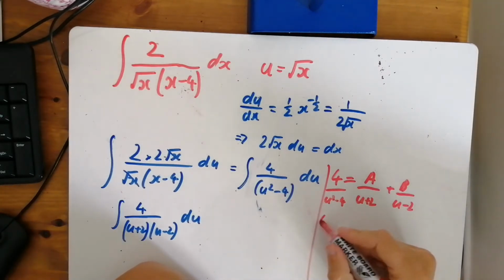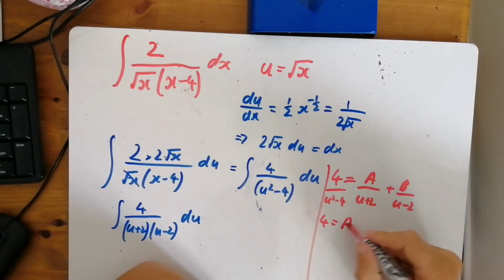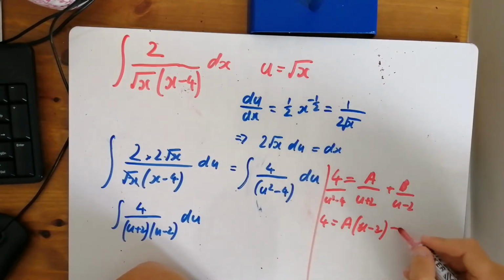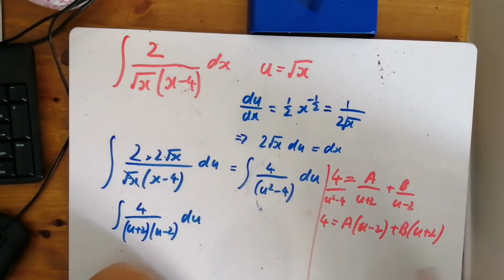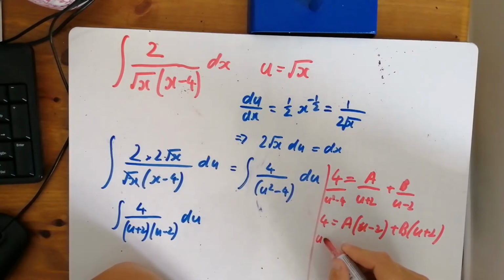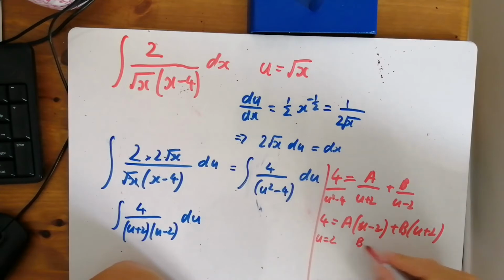Multiply through by this denominator. We've got that. Setting u equal to 2 gives us B is 1. u equals minus 2 gives us A is minus 1.